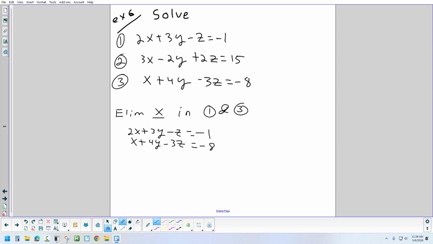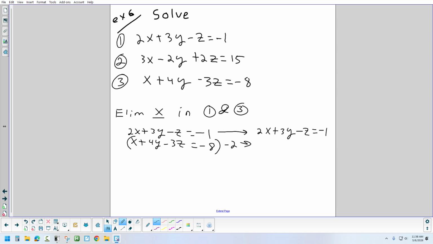Okay, so since you picked those two, can you tell us what you would have to multiply by? Multiply the bottom equation by -2. Yep, bottom by -2. That's going to keep the top the same: 2x plus 3y minus z equals -1.